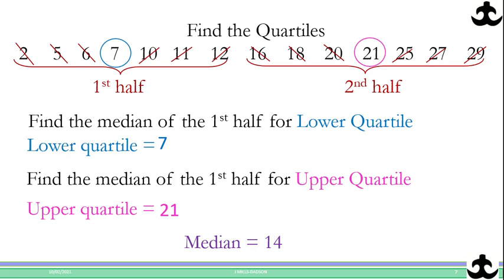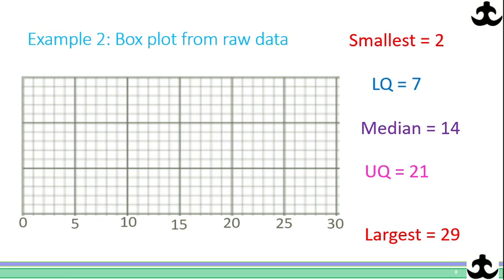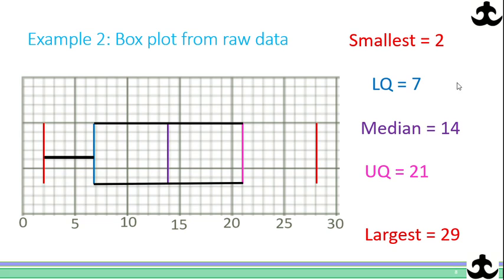Now remember, we had 14 for our median, and our smallest is 2, largest 29. So let's plot them on a graph. So this is our graph. So this is how we get our values to draw box plot from raw data.